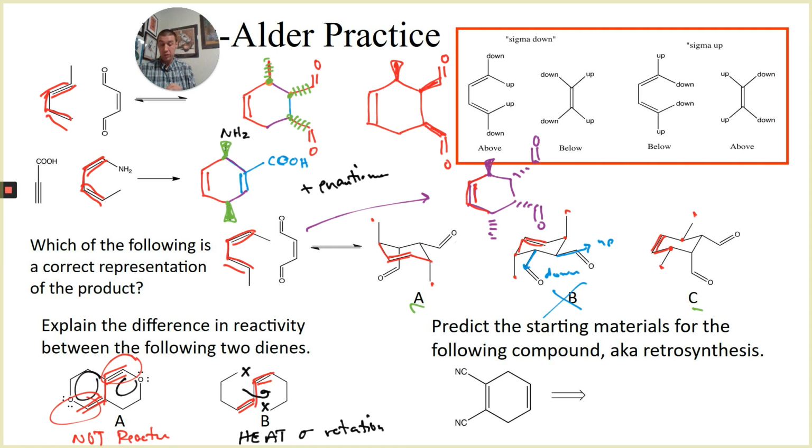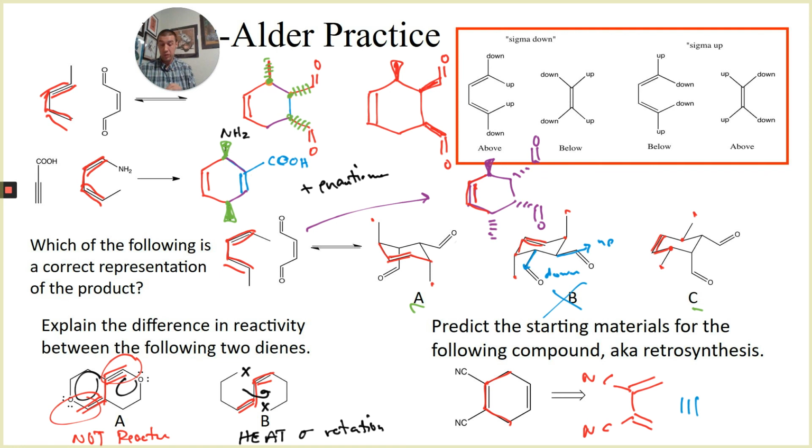As far as predicting starting materials for the following compound, sorry, I'm picking up the pace because it's getting more and more urgent. We can split this in that fashion, in which case we would end up with this structure, CN, CN, and then we'd be saying that remaining piece would have to come in as a triple bond. Okay?